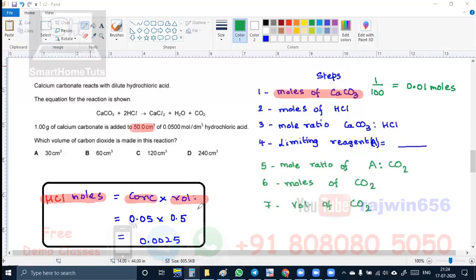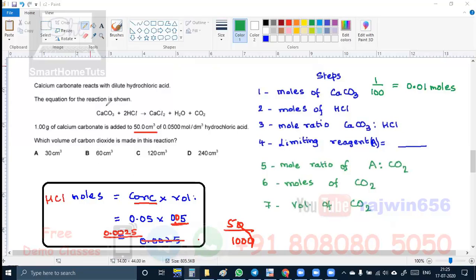This volume has to be converted into dm cube. Which is going to become 0.0025.